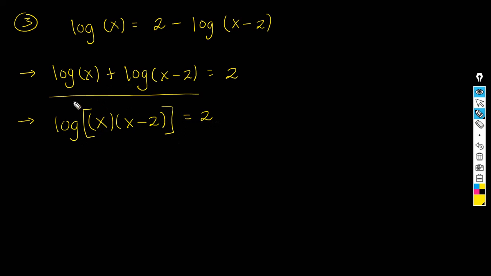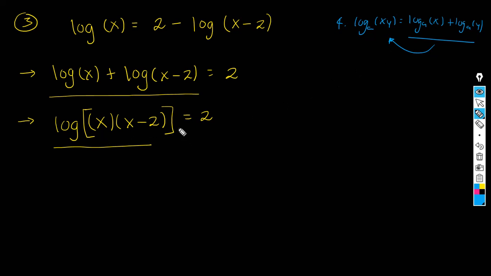Make sure to understand why this is equal to all of this. I'm going to write that property in here. That property said that log base any number of x times y is equal to the sum of the logarithms independently. So all I'm doing is going backwards. What I have in here is this, and I'm going backwards. Can you see?